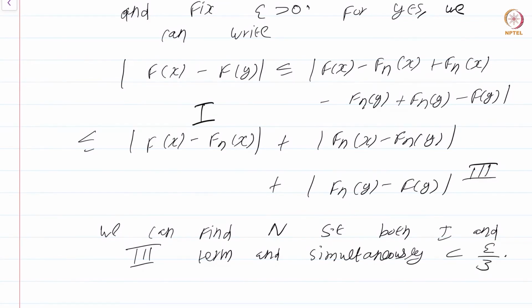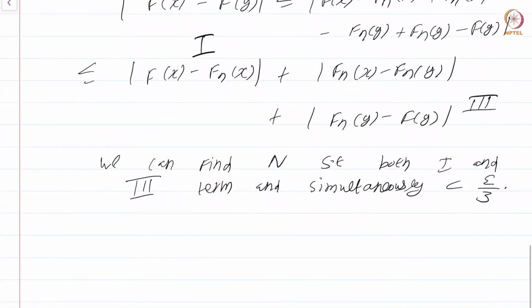It doesn't matter what points x and y you choose in the set S, you can always find a capital N such that mod fx minus fn x is less than epsilon by 3, mod fn y minus fy is less than epsilon by 3. So these first and third terms can be made less than epsilon by 3 simultaneously. It doesn't matter where x and y are.